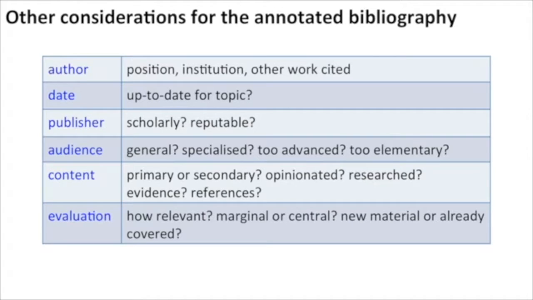Again, this might help you establish the credibility of the source. What type of evidence is used in the source, that is in terms of its content, and we've already talked about the evaluation, that is evaluating how useful it is to you, but there's a few extra points there that you could consider.